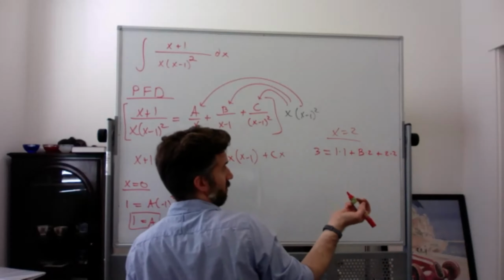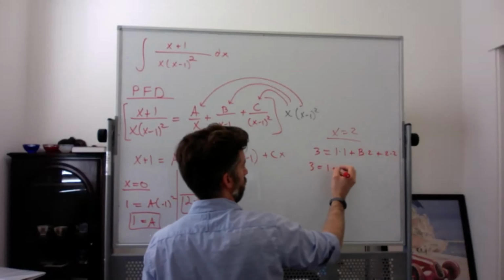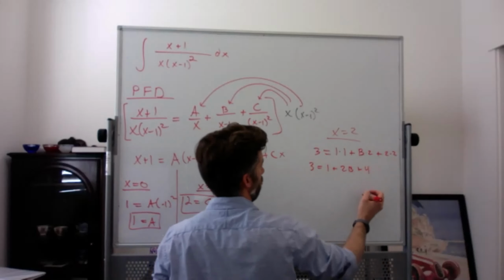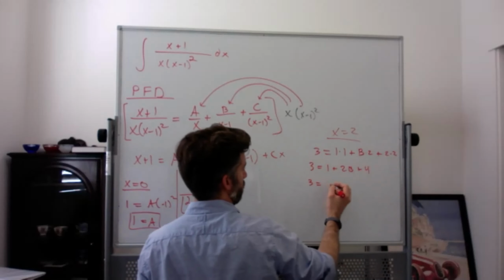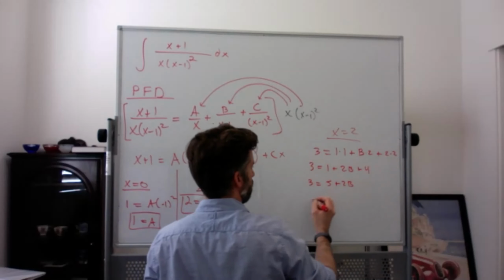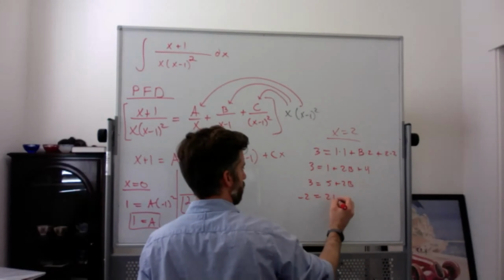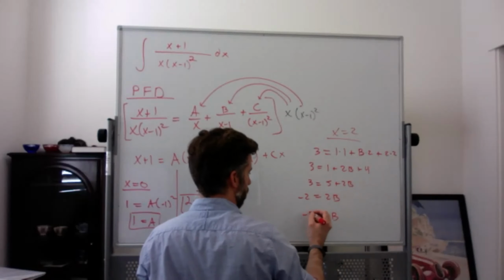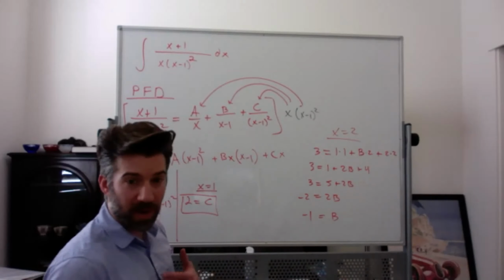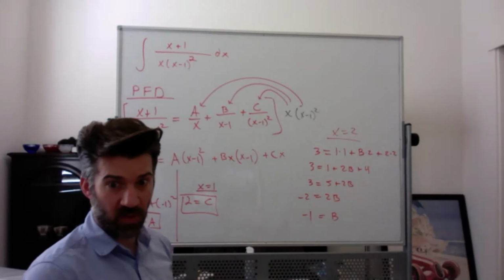So I'd end up solving for b, right? I have 3 equal to 1 plus 2b plus 4. So I get 3 equal to 5 plus 2b. 3 minus 5 is negative 2 equal to 2b. b is negative 1.